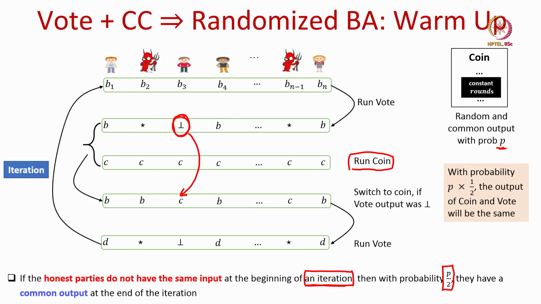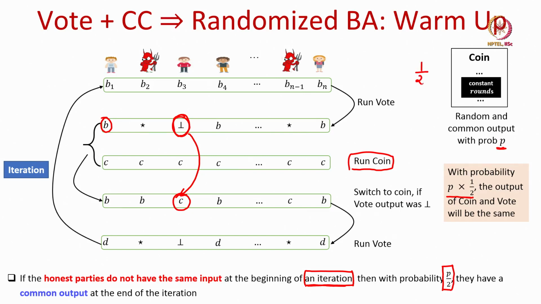Now, what is the probability that the coin output C is the same as the output B which the honest parties would have obtained at the end of the first instance of the vote protocol? It is p over 2, because with probability p the output C will be common and random for everyone, and given that it is common and random for everyone, what is the probability that C is equal to B?